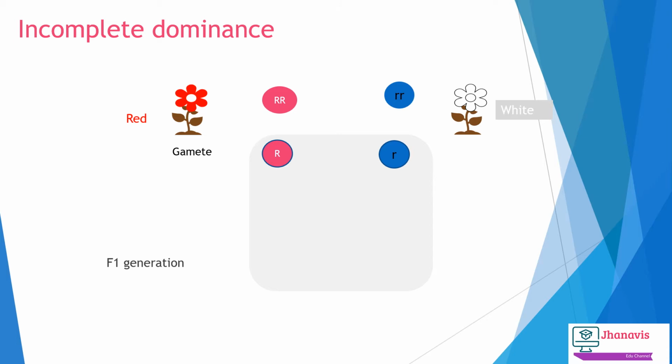The gametes produced will be capital R and small r. When they are crossed with each other, we will get capital R small r, which is nothing but the pink colored flower. So pink color flowers are present in the F1 generation.